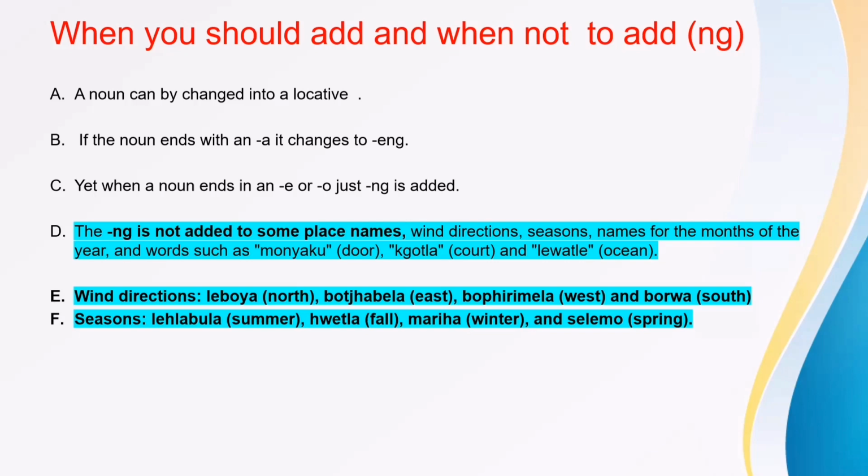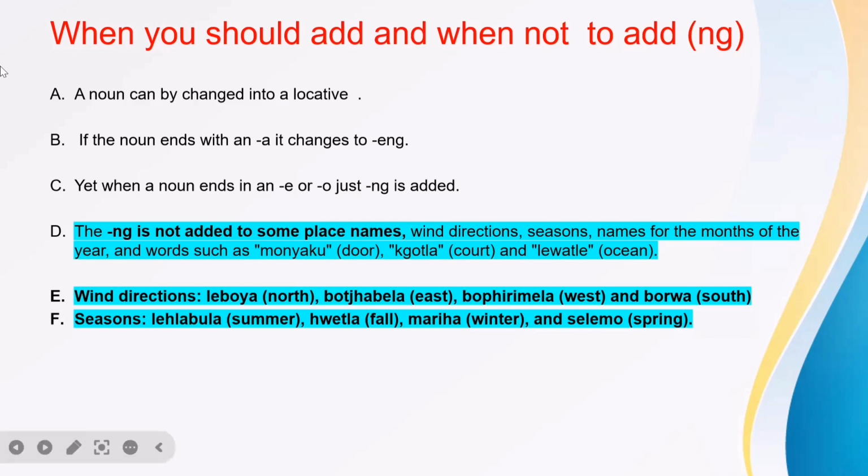Also the wind directions, Leboya, north, Buchabela, east, Buphirimela, west, and Borwa, south. Seasons, Lihlabula, summer, Khwetla, fall, Mariha, winter, and Silimo, spring. So only with these exceptions, you do not add an ng. They stay like that. You never change them, even if you want to describe the location.